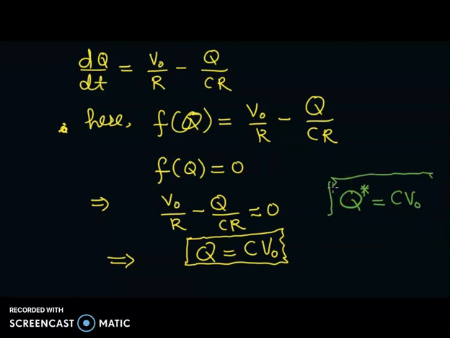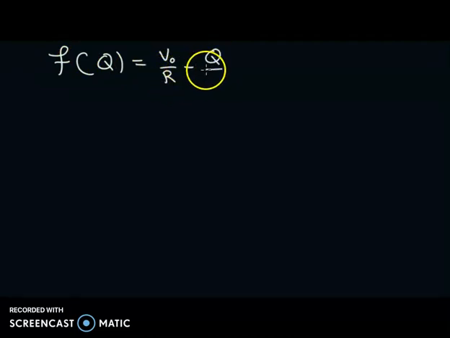Now we want to see whether this Q star equilibrium point is stable or unstable, source or sink. One thing we can do is use the linearization theorem, and the second is the graphical method. Let's do first the linearization theorem. f of q was V naught over R minus Q over CR.